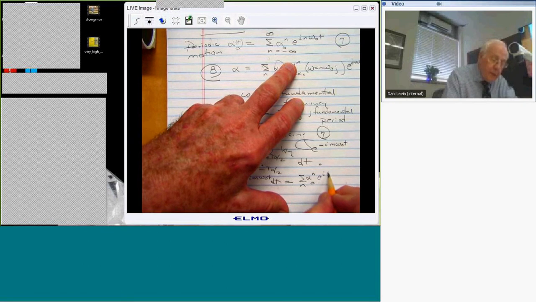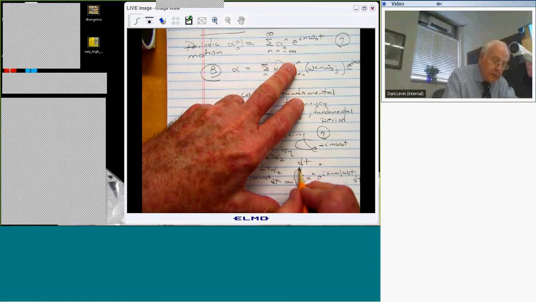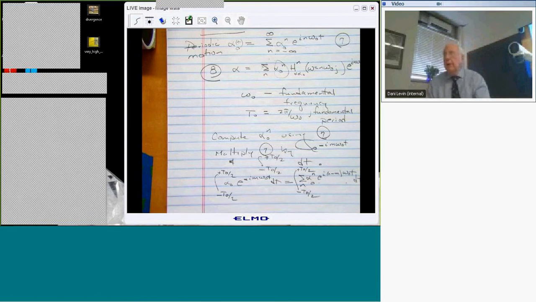I can combine those that way, dt, also integrated from minus t naught over 2 to plus t naught over 2. By the way, if I integrate over any time that includes a whole period of t naught, I get the same answer. I could integrate from 0 to t naught. I could integrate from minus 3/8 t naught to plus 5/8. But it's convenient to do this. Right? Okay, so what's the right-hand side?